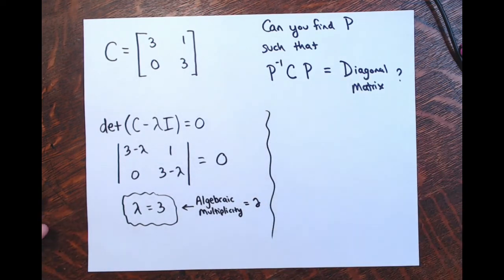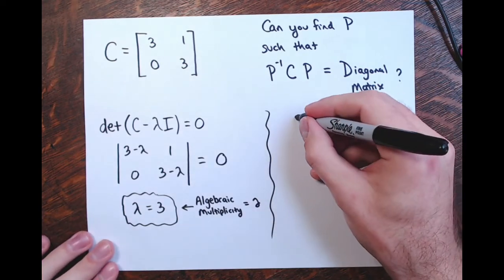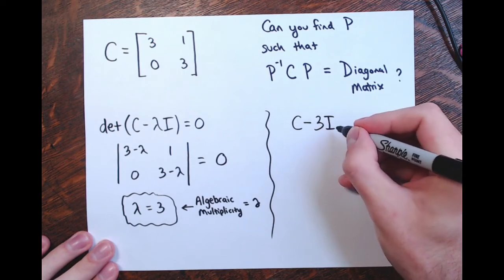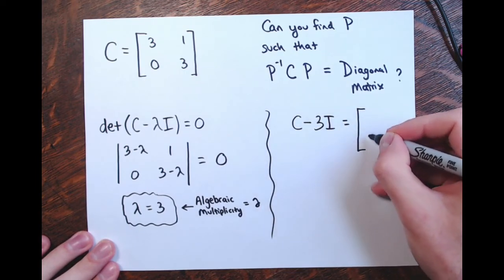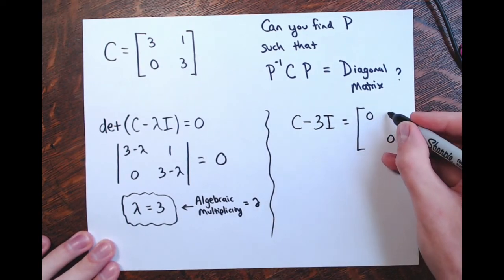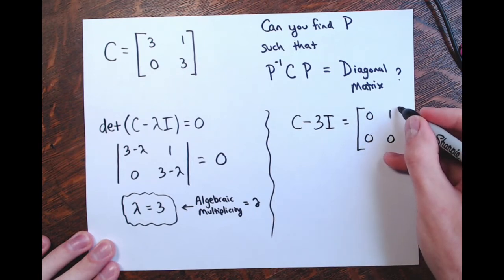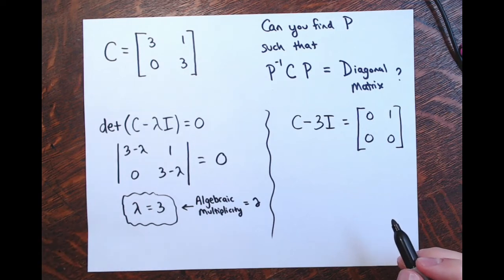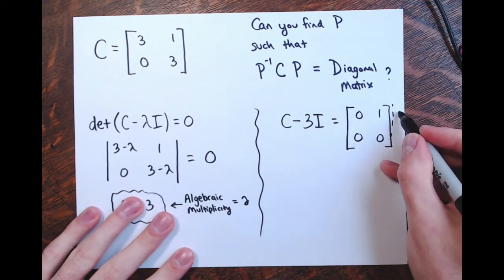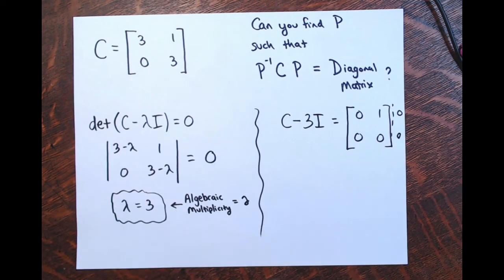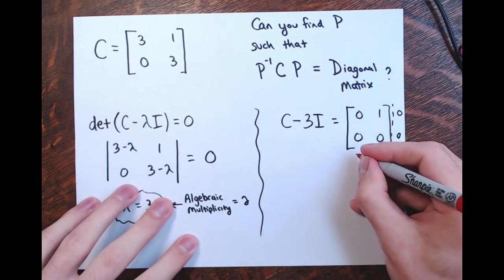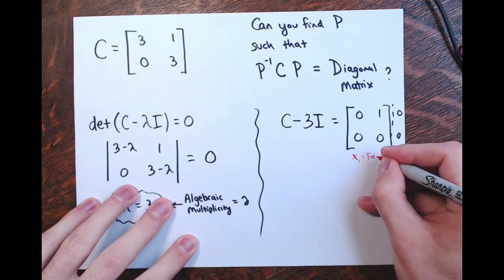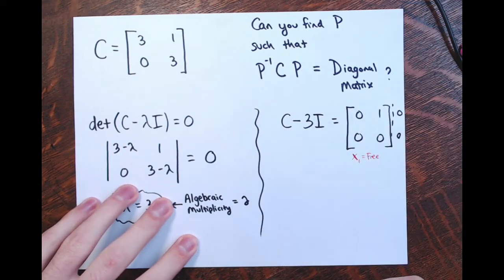So now I'm going to try to find the eigenvectors. So now we're going to look at, when lambda equals 3, what is C minus 3I? So that'd be 0, 0, 1, 0. And that's already in reduced row echelon form. So again, if I augment the zeros on the other side, when's this equal to 0? We're seeing that x1 is free this time, because the first column is not a pivot column.